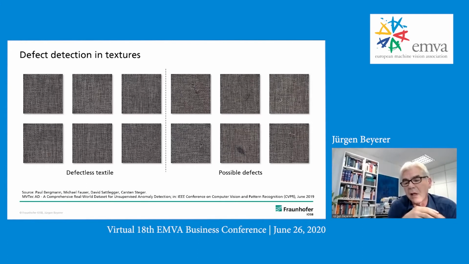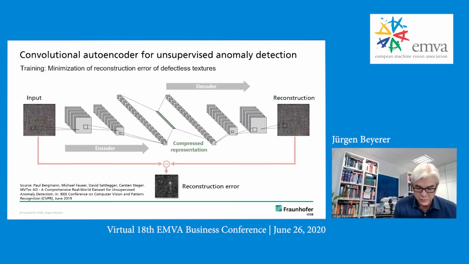And the idea is here to train an autoencoder network that extracts in its bottleneck, here green, a compressed representation of the texture.